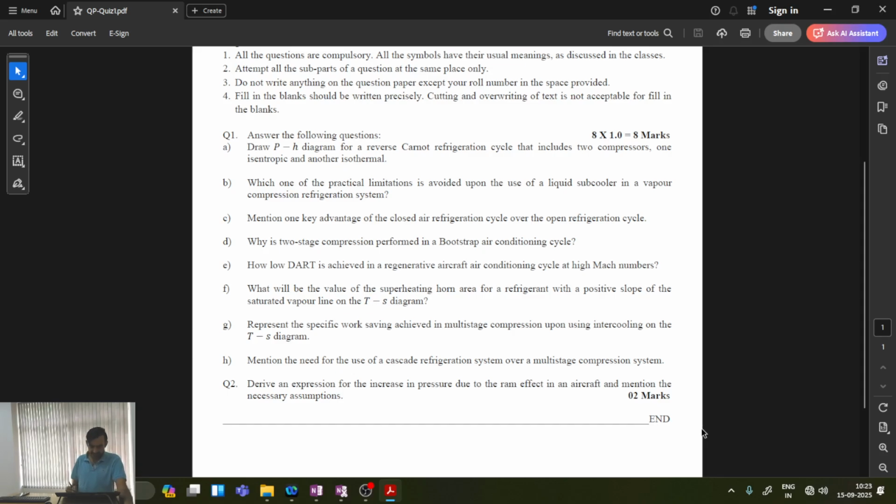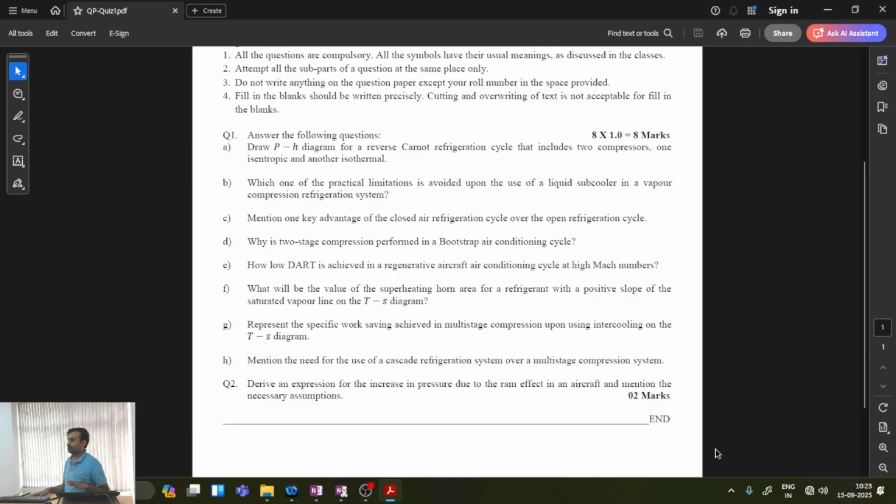Okay, mention the need for the use of cascade refrigeration system over a multi-stage compression system. Quickly tell me, what is the need for a cascade system? Higher temperature difference.